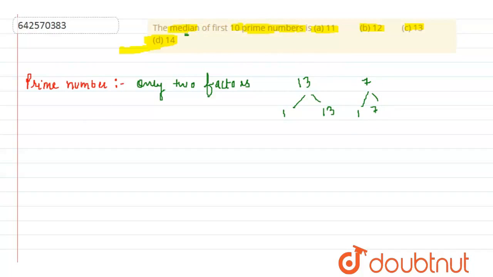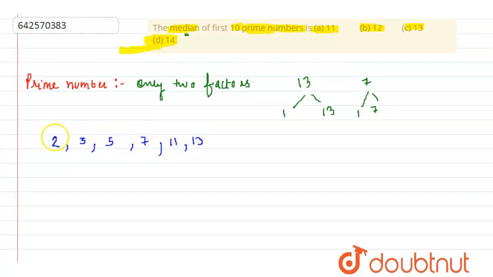So the very first 10 prime numbers are 2, and then 3, and then 5, and then 7, and then 11, and then 13.